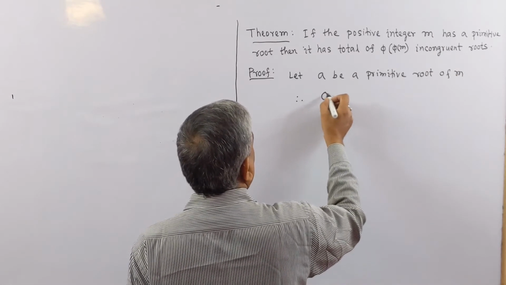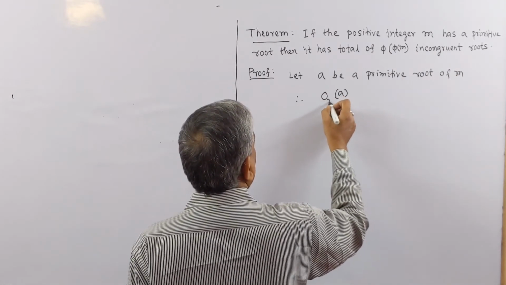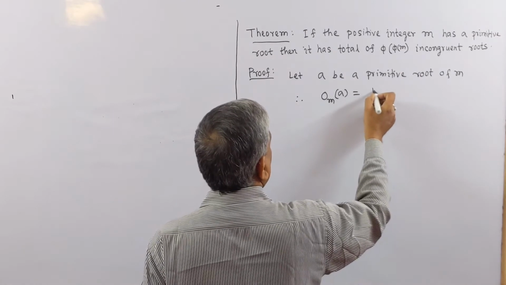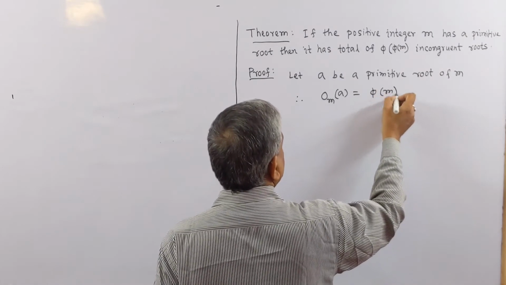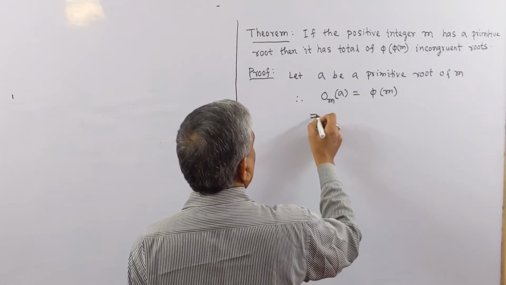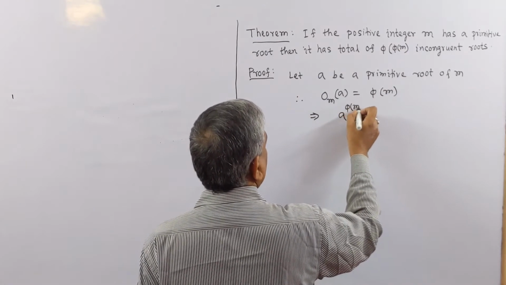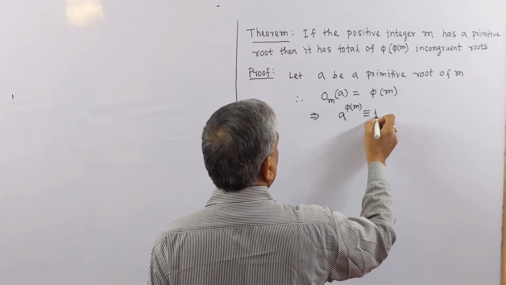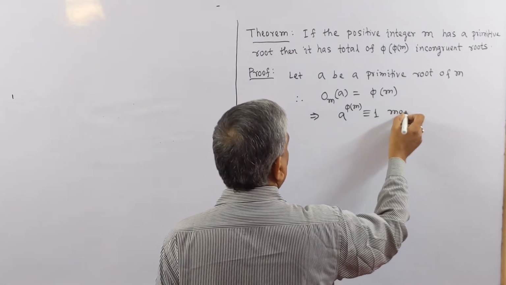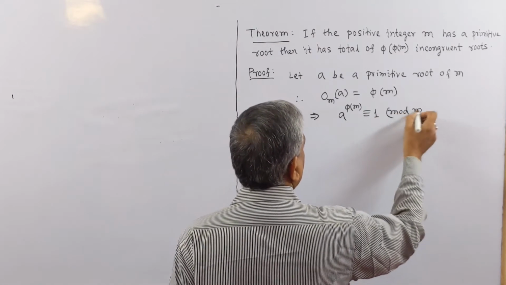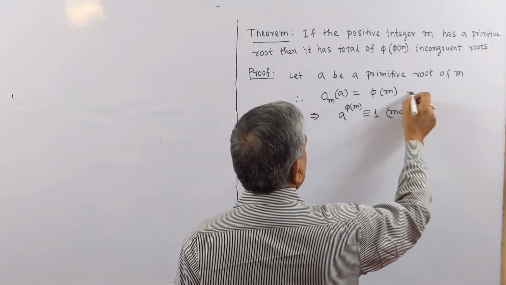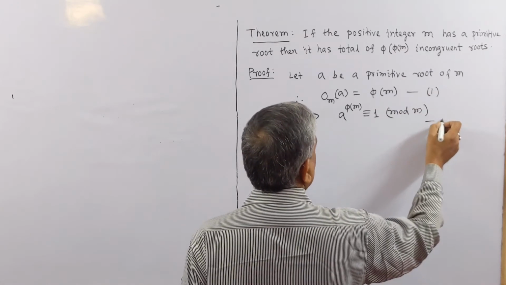Therefore, order of a modulo m equals phi m, implies that a to the power phi m is congruent to 1 modulo m. This is number 1, this is number 2.